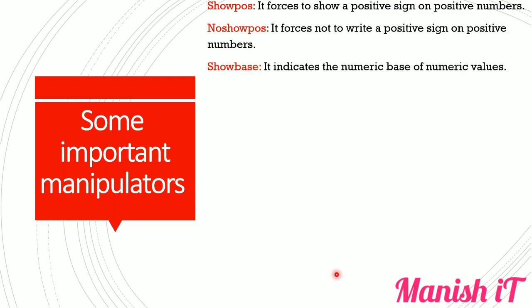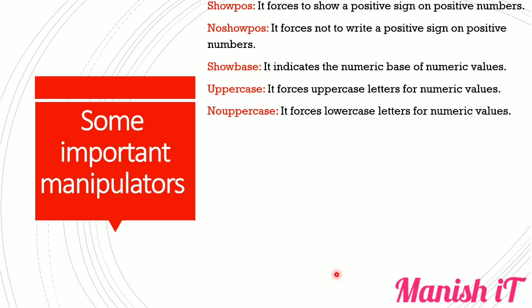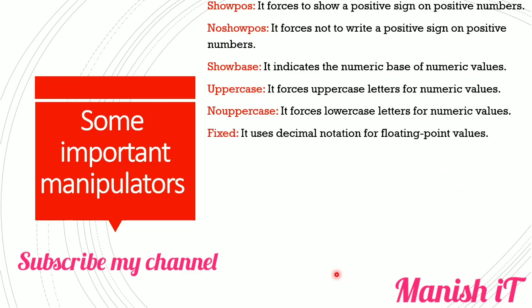It indicates the numeric base of numeric values. Next is uppercase. It forces uppercase letters for numeric values. Next, nouppercase. It forces lowercase letters for numeric values. Next, fixed. It uses decimal notation for floating point values.